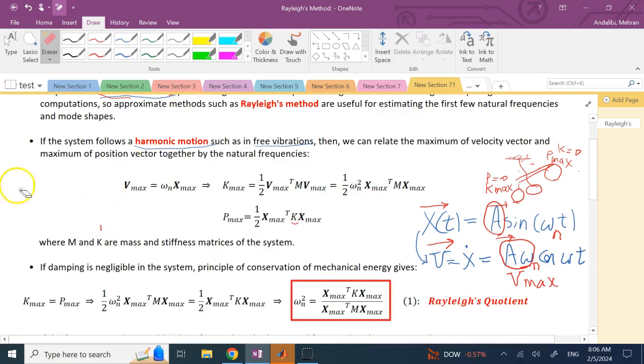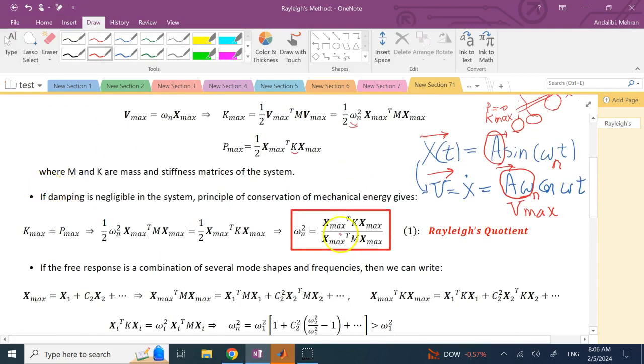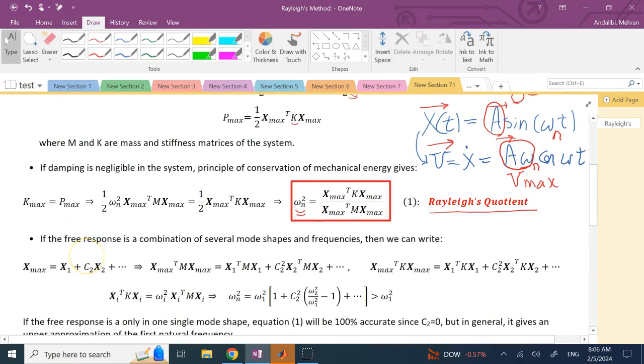We set them equal now, and from here, we are going to solve for what? For this omega n squared. If we do so, it is going to be x max transpose k x max divided by x max transpose m x max. And this ratio that you see, we call it the Rayleigh's quotient, and from here we can find the square of the natural frequency of the system.